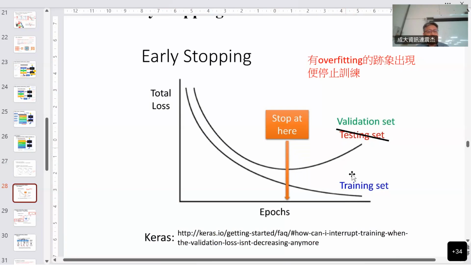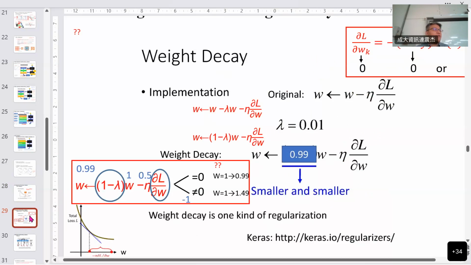So don't go to the perfect result here; you can stop before it. When your validation error is increasing, you should stop. You don't need a lot of epochs. So early stop solves the overfitting problem.